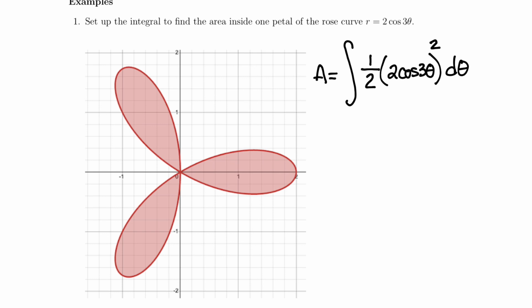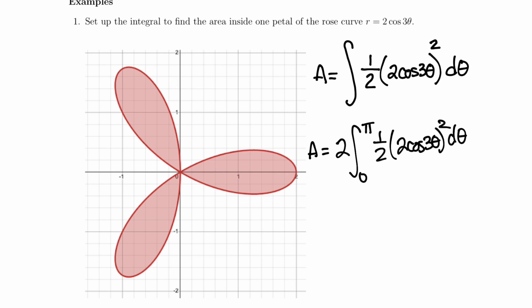But I've got symmetry. So we could go from 0 to pi over 6 and do what to it? Just double it. Multiply it by 2. So we could do this: 0 to pi over 6 of 1/2 times cosine of 3 theta squared d theta.